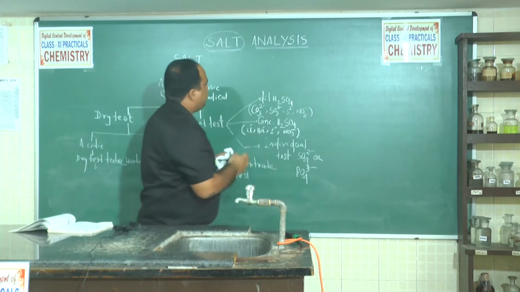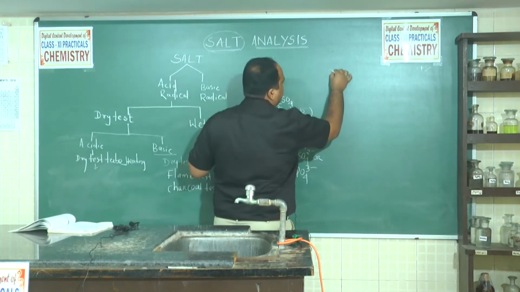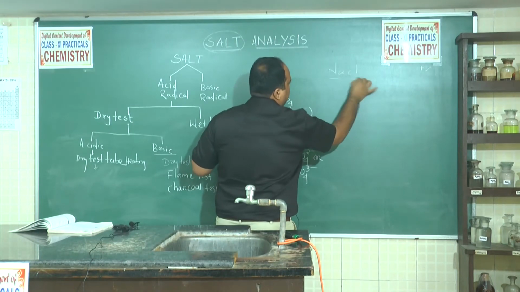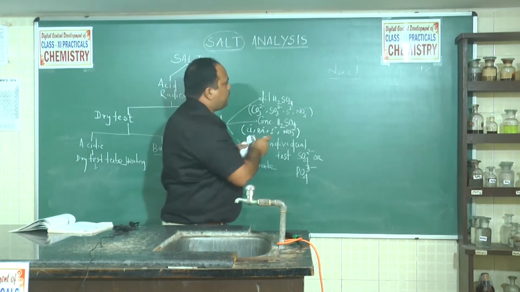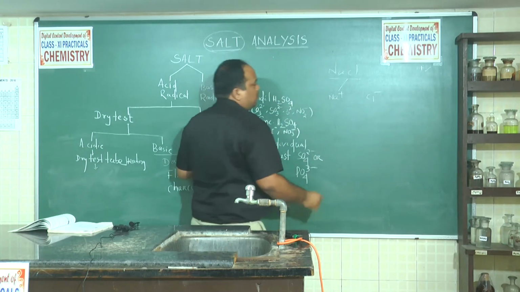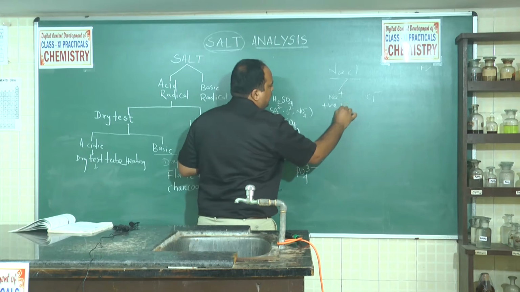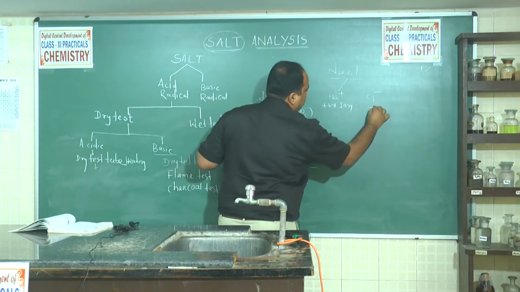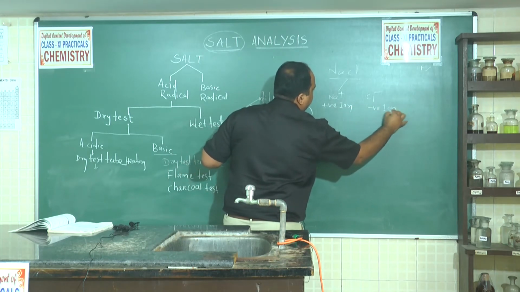Any salt I am breaking, just NaCl, it is giving Na plus and Cl minus. That means one positive ion or radical and another negative ion or radical.